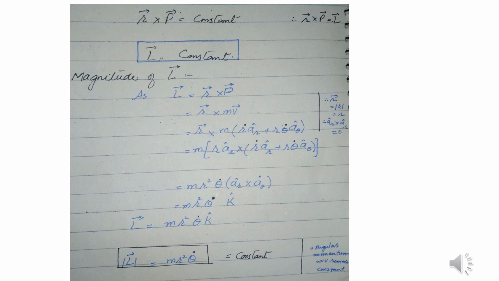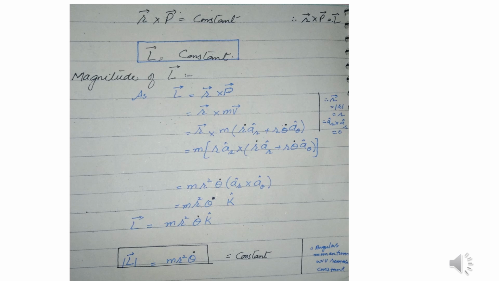So the equation becomes m into r a_r unit vector cross r dot a_r unit vector plus r theta dot a_theta cap.